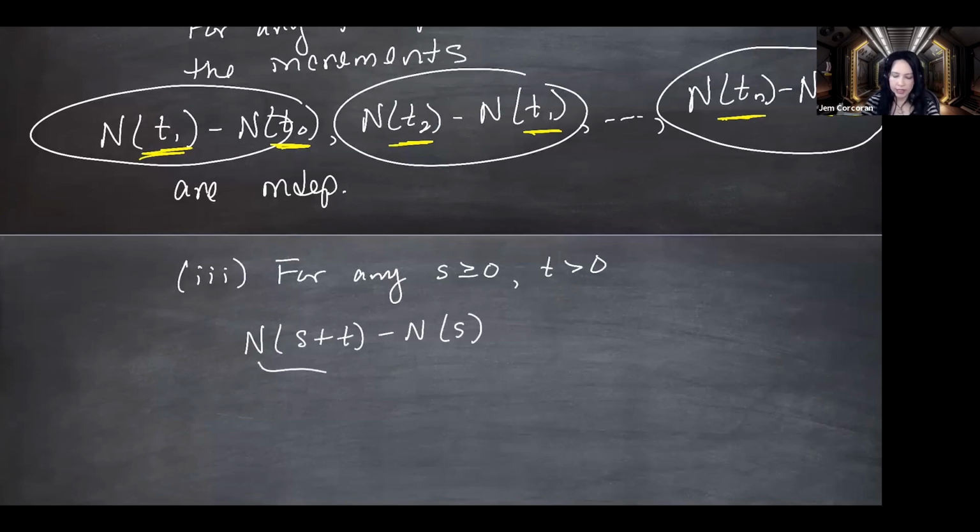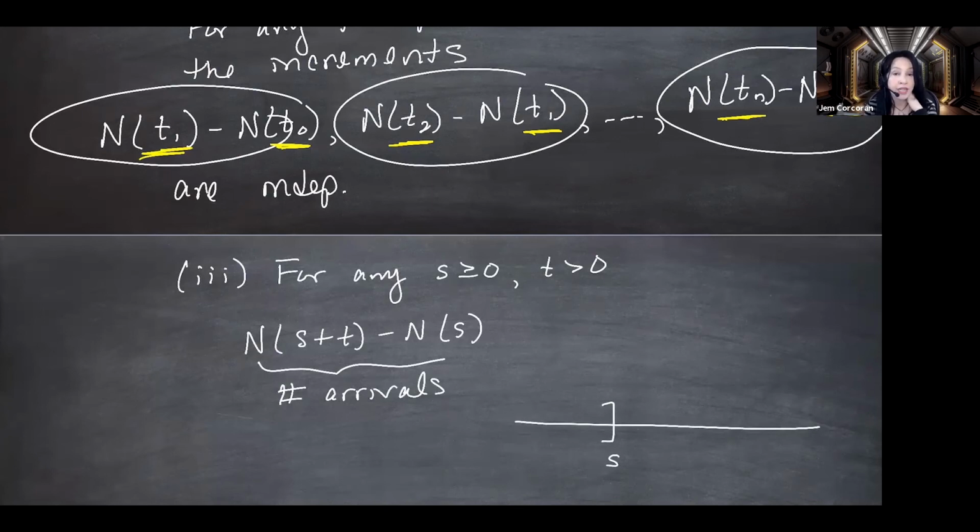So this is the number of arrivals. Now, I didn't finish what this statement is, but we defined the counting process to be the number of arrivals up to and including time t. So this is going to be the number of arrivals up to and including time s. Not that you're going to get an arrival there because you have this continuous time thing happening.